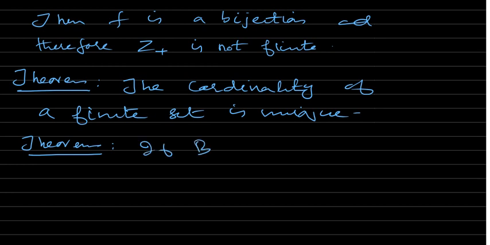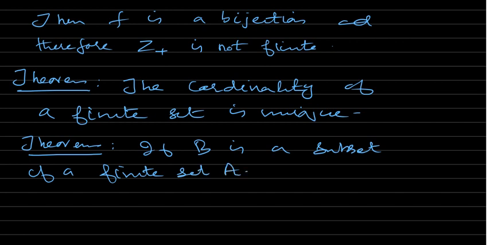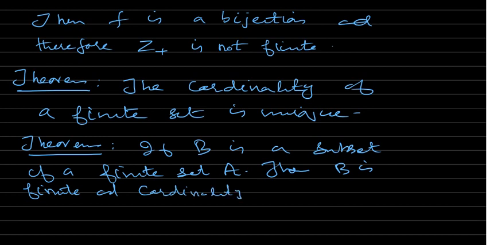If B is a subset of a finite set A, then B is finite, and the cardinality of B is less than or equal to the cardinality of A. अगर equal होगा तो equality होगी. A is a finite set.